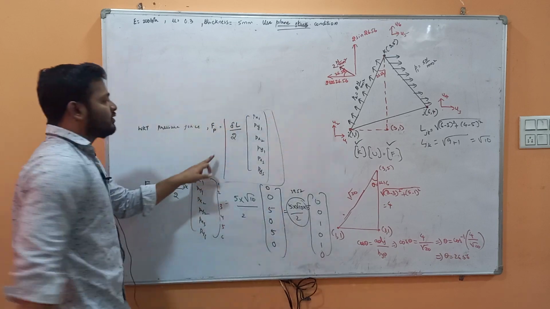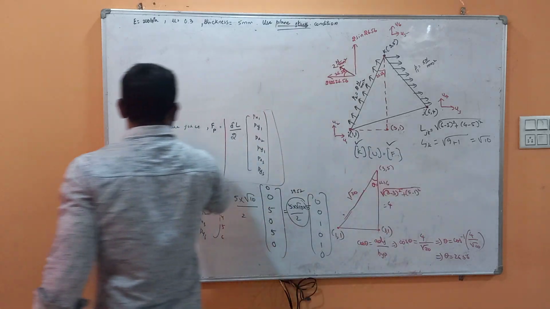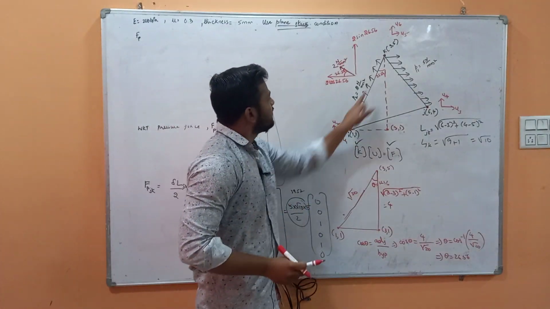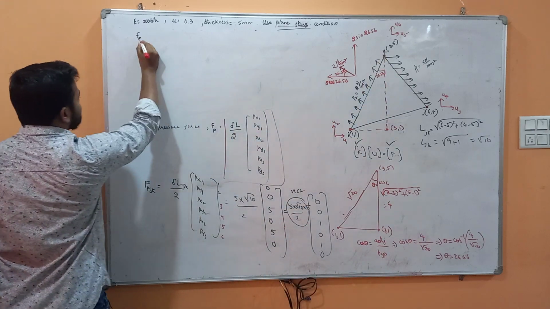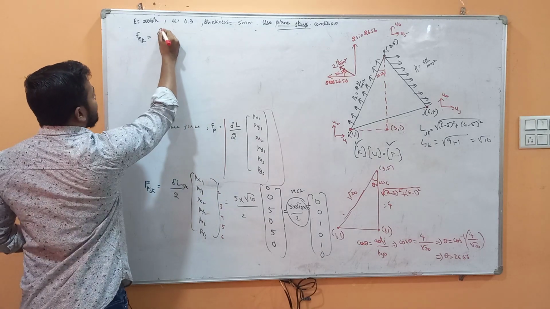So this is the same pressure force formula we have to use. The pressure force which is acting on IK, the formula will be the same: delta into length.